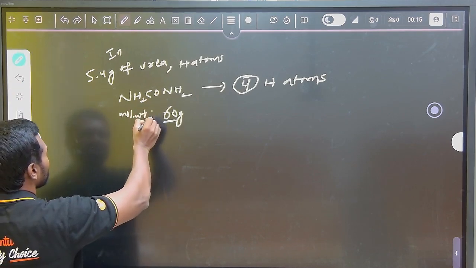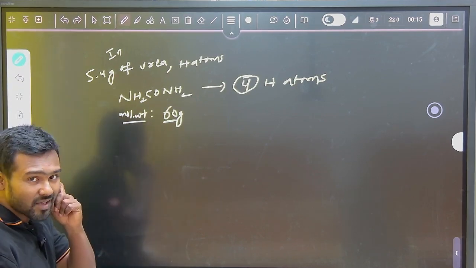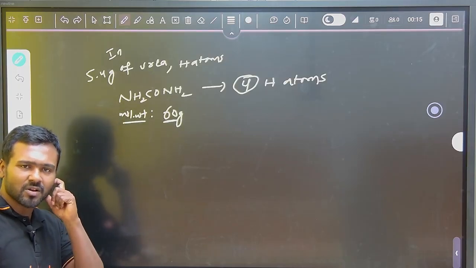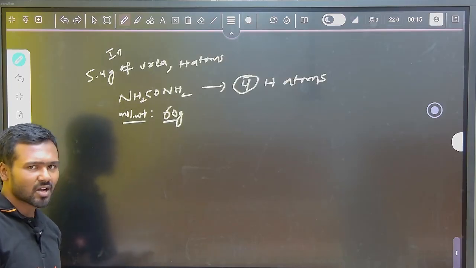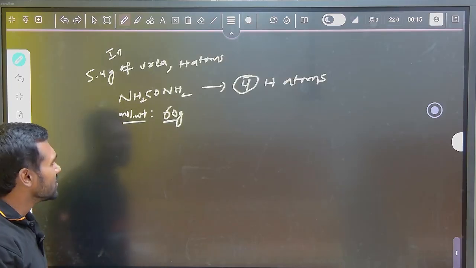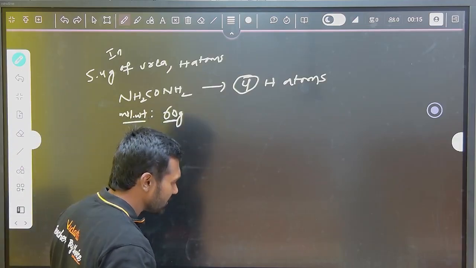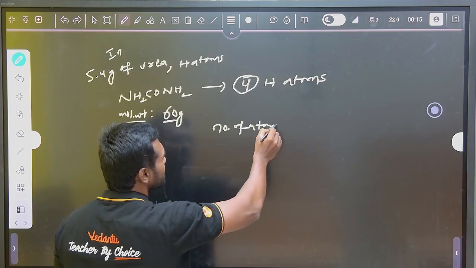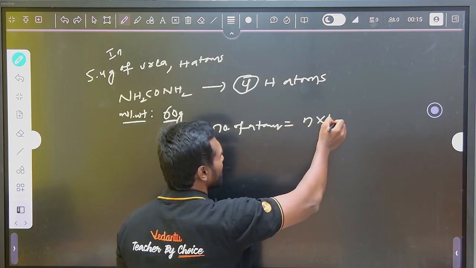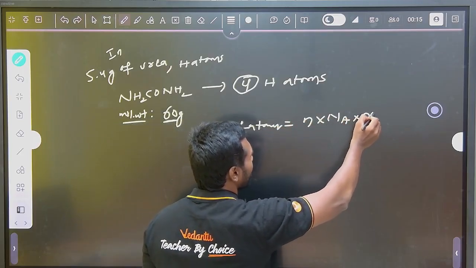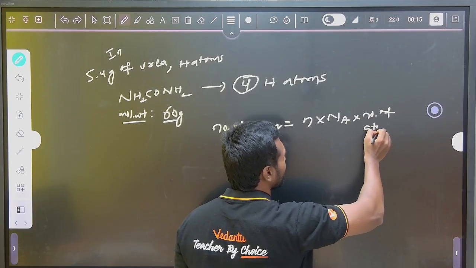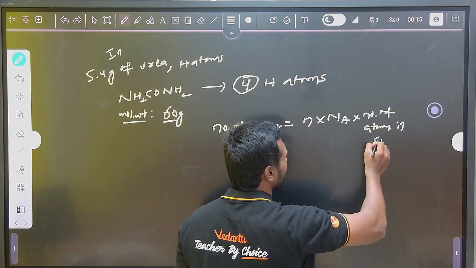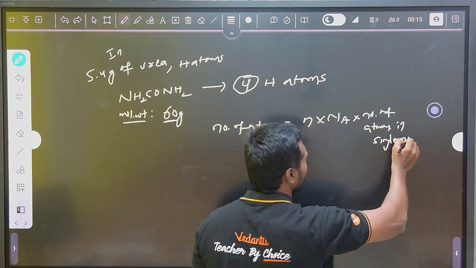So first, what is the formula I gave? If you want to use the formula, you can use it. If you want to do it concept-wise, you can do that, no issue. Number of atoms is equal to number of moles into Avogadro number into number of atoms in a single molecule.